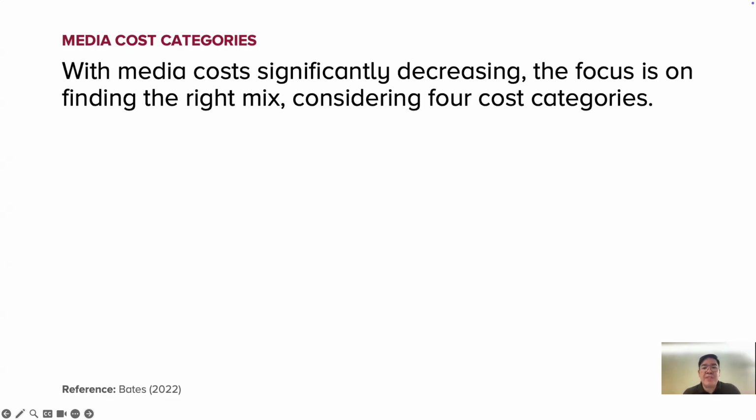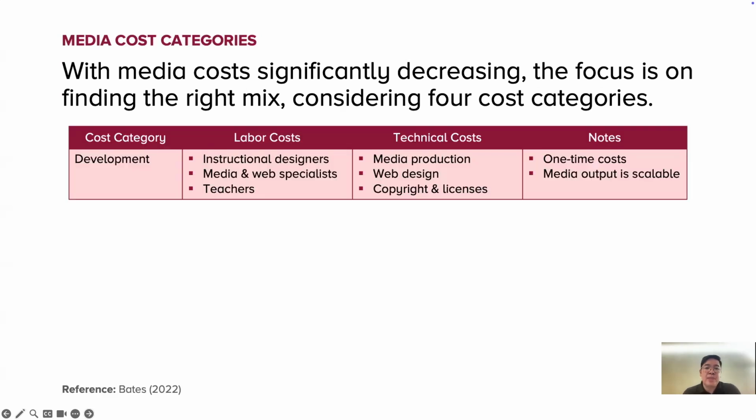Media costs have significantly decreased due to recent technology developments. As a result, teachers can now focus on finding the right media mix to support learning objectives. According to Bates, there are 4 main cost categories to consider. Development involves human and technical costs related to designing and producing learning materials.